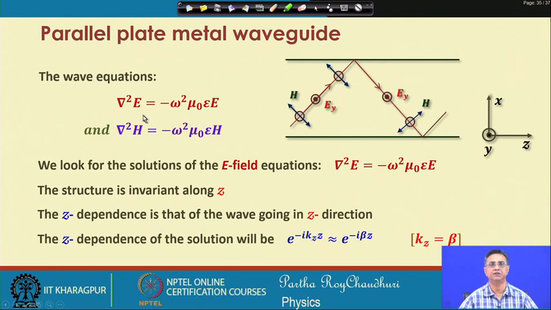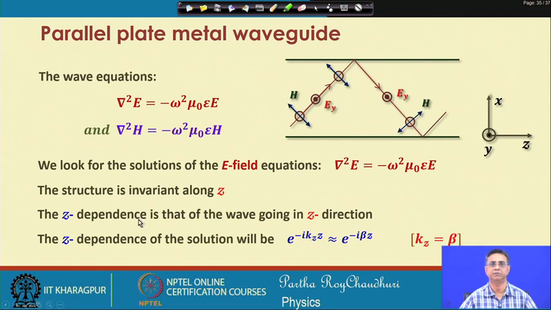So, for the wave equation for such a configuration, we can start with del square E equal to minus omega square mu naught epsilon E, and for the magnetic field we have a similar expression. Now, we are looking for the solutions of the electric field from this equation, and you can see that the structure is invariant. This is our assumption that it does not vary along the z direction, and because of this the solution should be independent of z.